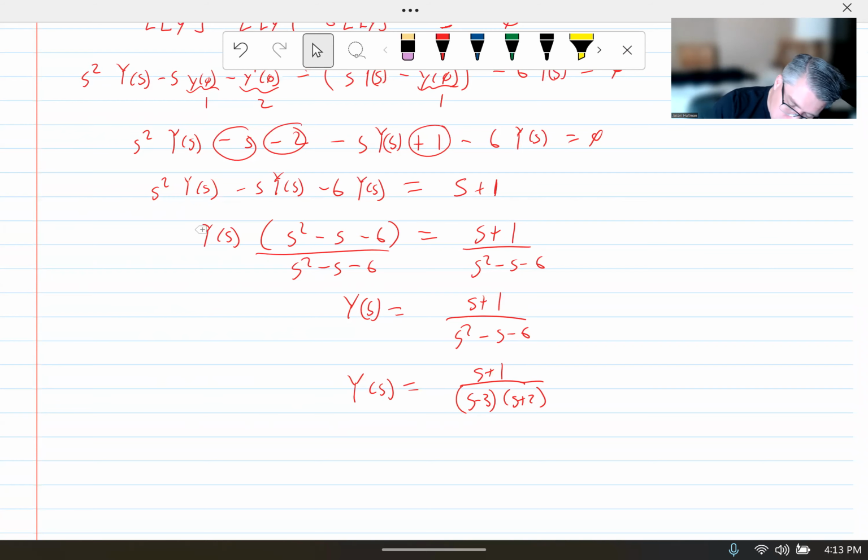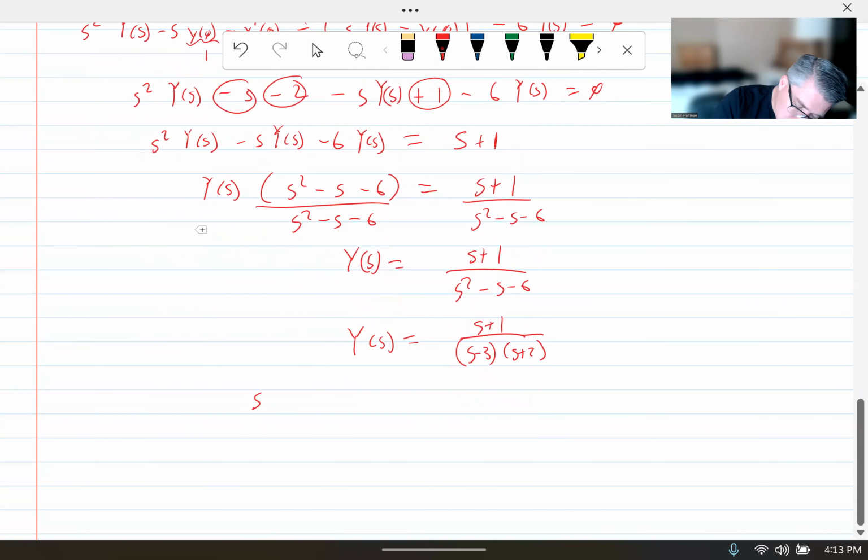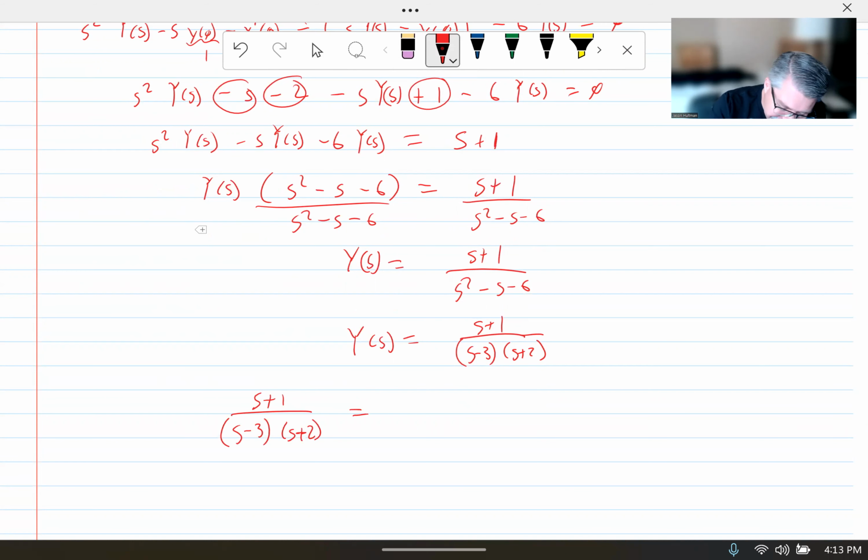Okay, so let's see what we can get here. S plus 1 over S minus 3 times S plus 2 is equal to A over S minus 3 plus B over S plus 2.